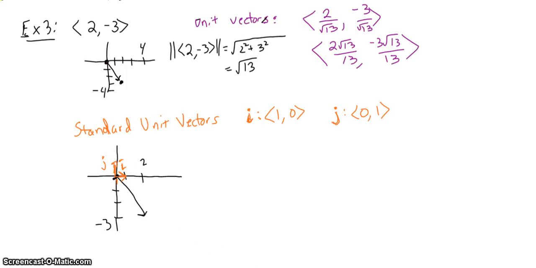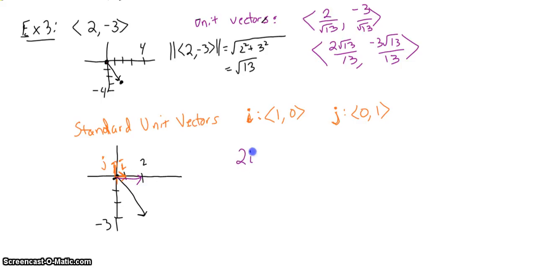Well, how do we take this vector here and enlarge it to get to here? How do we go from 1 and enlarge it, scale it, to 2? Well, we multiply by 2.